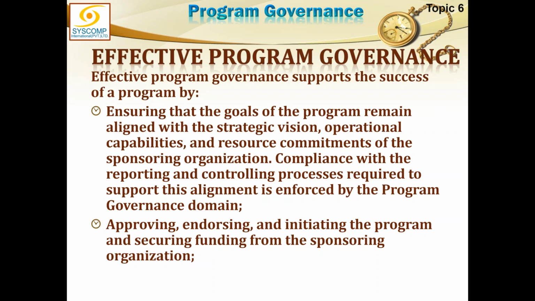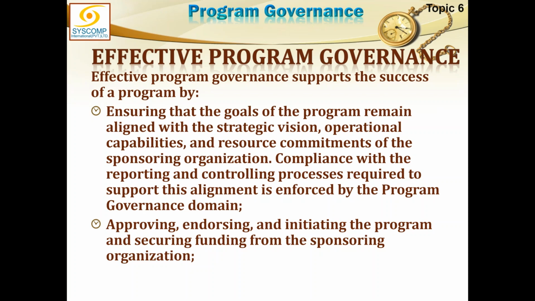Then compliance with the reporting and controlling processes required to support this alignment is enforced by the program governance domain. So how do you comply according to the reporting and controlling processes? Those reporting and controlling processes are established, or they have already been established if this is generic for the programs.